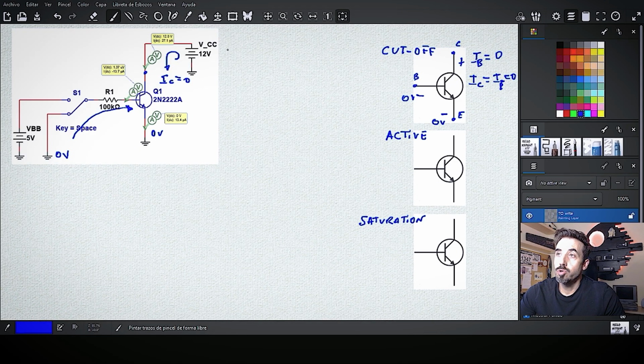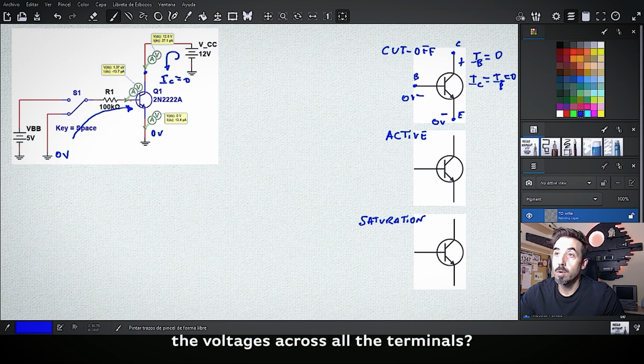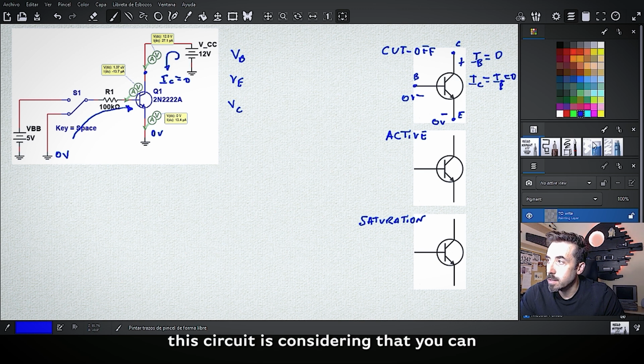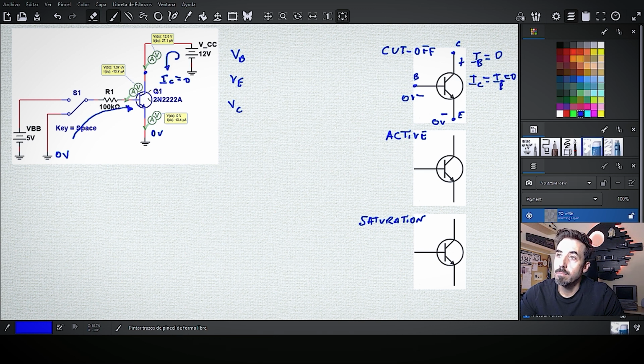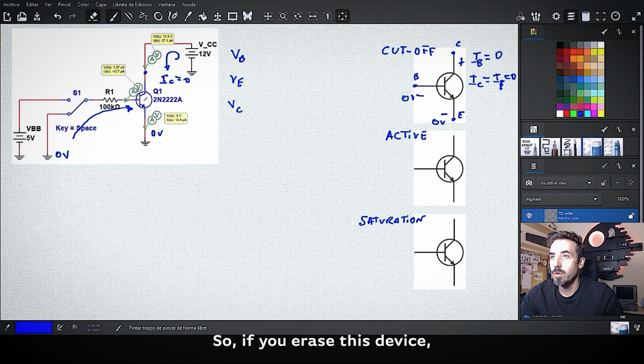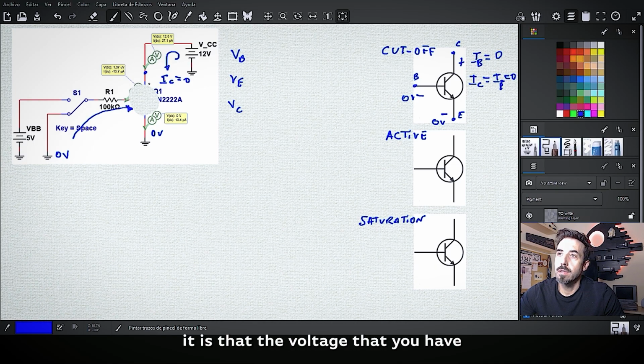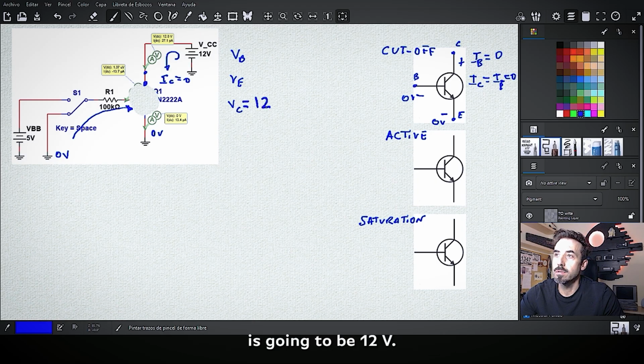If you are wondering what the voltages are across all the terminals, so voltage at the base, voltage at the emitter, voltage at the collector, the easiest way to analyze this circuit is to consider that you can erase this device. So if you erase that device, I'm going to do it here. Now the voltage that you have, for example, at the collector is going to be 12 volt.